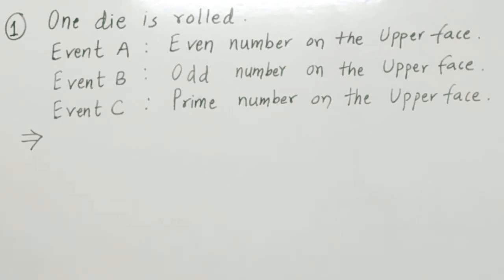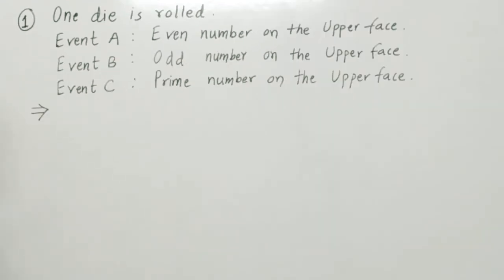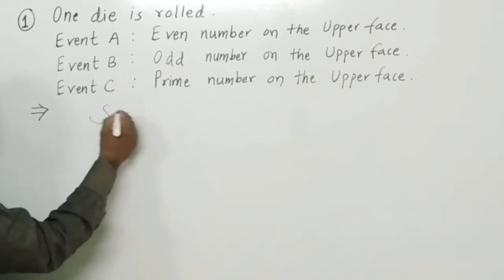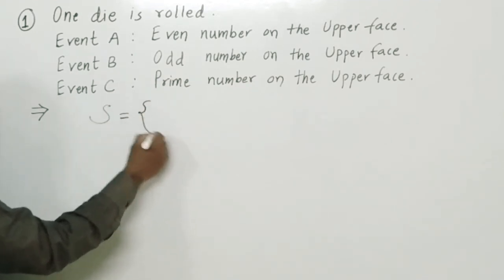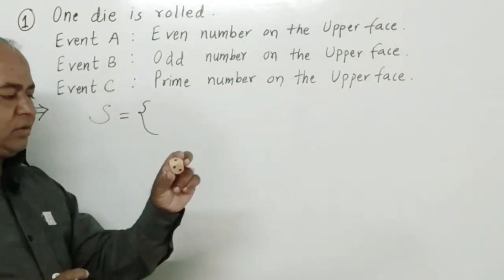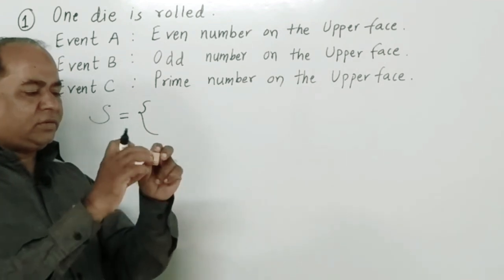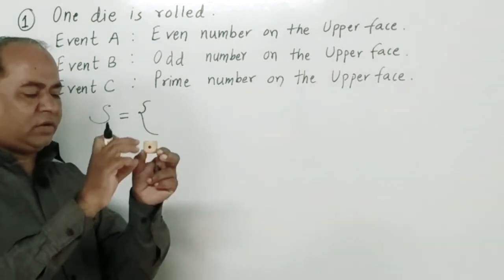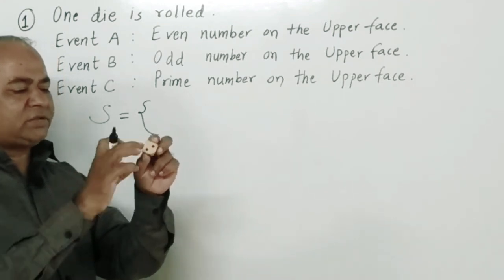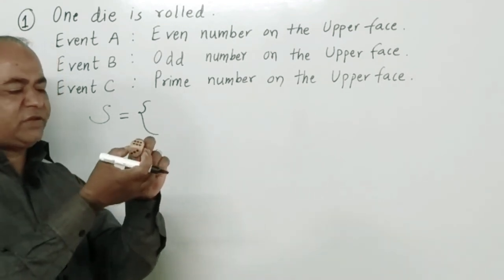One die is rolled. When a die is rolled, first the sample space S is equal to, there are in all 6 outcomes. Here, this is the die. A die is a cube in shape, so it has 6 faces.